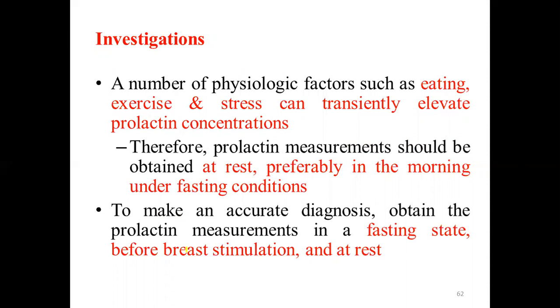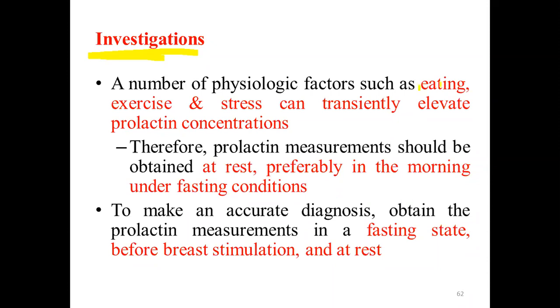So having said this much about the clinical picture, now let us talk about the investigation. What are the major factors that affect the prolactin level? As I mentioned previously, some physiological factors can affect the serum level of prolactin. Because of this, it is advisable to exclude those physiological parameters when we are measuring the serum level of prolactin.